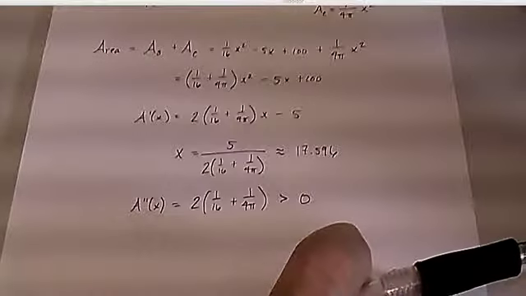Okay, well, if that's the minimum, what about the next question, which asks us about the maximum? How could you make the total area of the circle and the square a maximum? Well, if there's only one critical value inside the interval, then the maximum must be at the end of the interval.